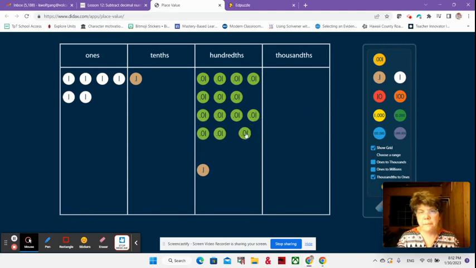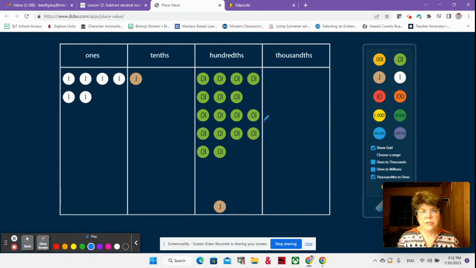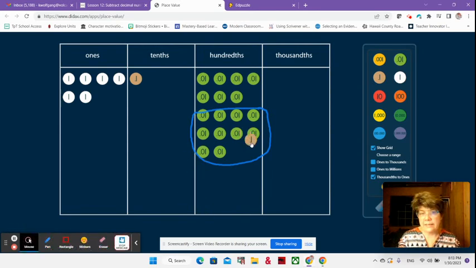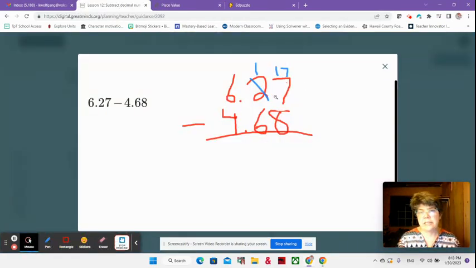Let's get them all over there. 8, 9, and 10. Okay, so I took 1 tenth and I changed it into 10 hundredths. Do you see my 10 hundredths here? So this is done. It's exchanged. So I'm going to take that over there. Just the same thing that we did here, changing it to 17 hundredths by taking one of the tenths away.